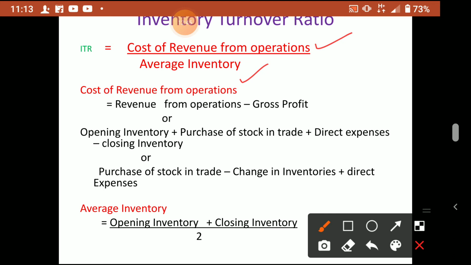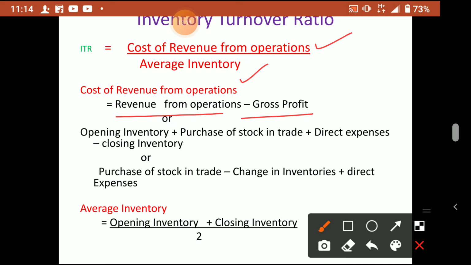So how to calculate cost of revenue from operations? Revenue from operations minus gross profit. Revenue from operations is sales. From sales, if you subtract gross profit, you will get cost of revenue from operations.